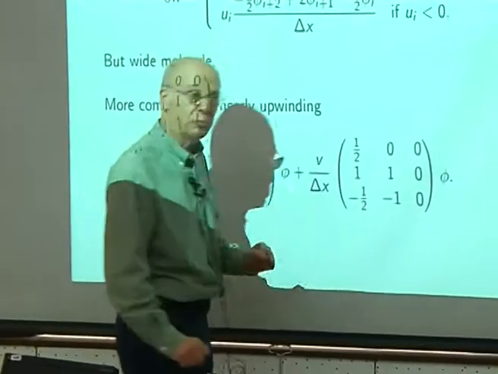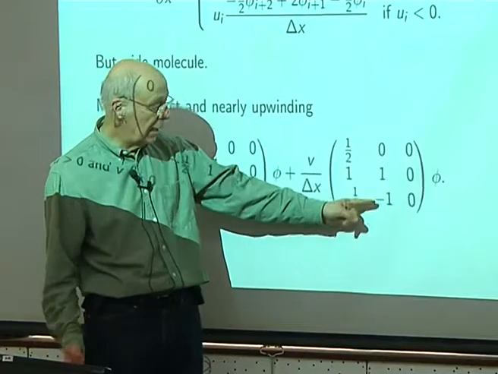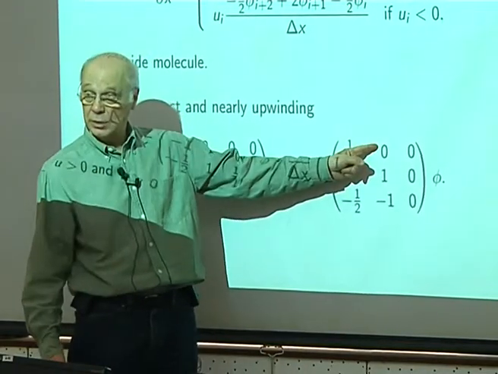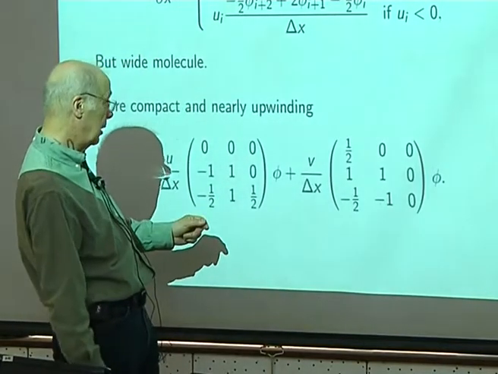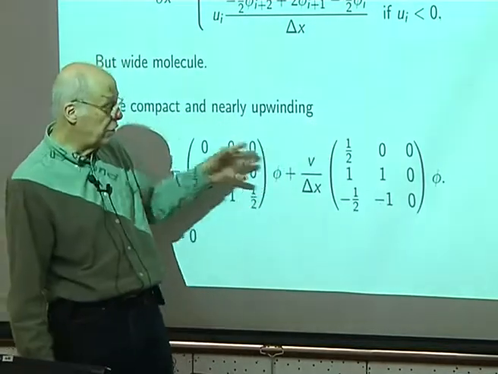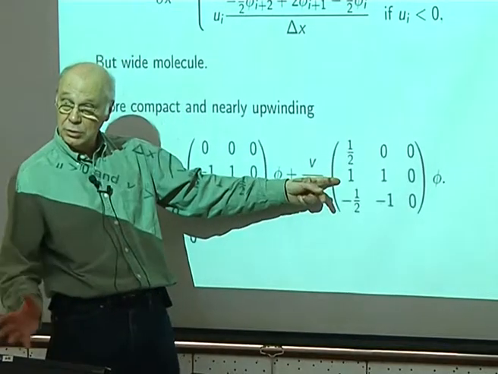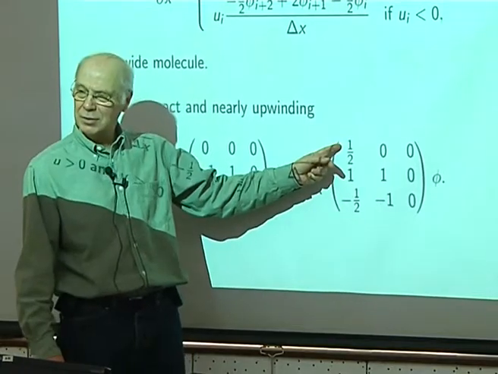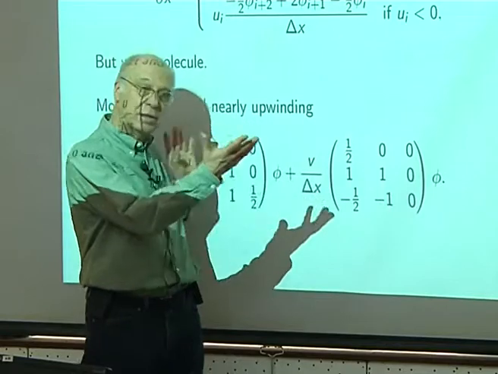Okay, so I do it again for v. So for v, we're using the current point and the point where we've come from, and not the point where we're going to. That's good. And I'm using, there must be an error. No, it's probably right. But I'm using information that's coming sideways, because u is positive, at the current level, which is good. What is below us, which is good. But what's above us? Okay, so it is a matter of, can I go up faster than I can go sideways?